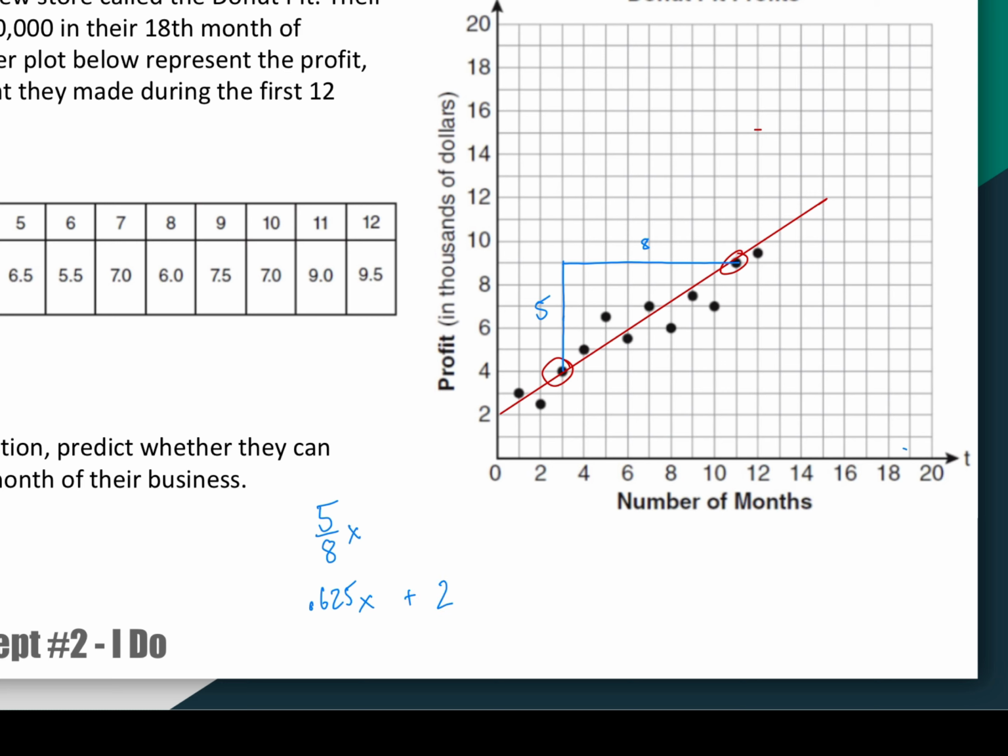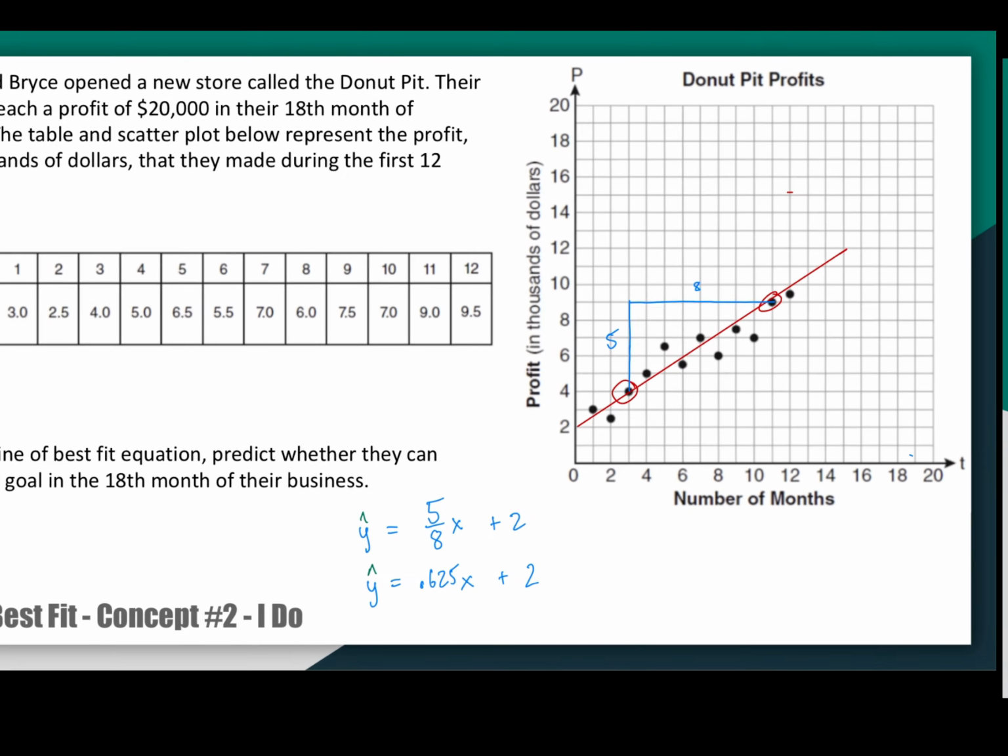You can do either of these. Right? Now, for predicting these values, it might be easier to use decimals with a calculator. Okay? So now we have our line of best fit, and sometimes you're going to see this little up arrow above the y. That's going to represent that it's an estimation. It's not a perfect line.